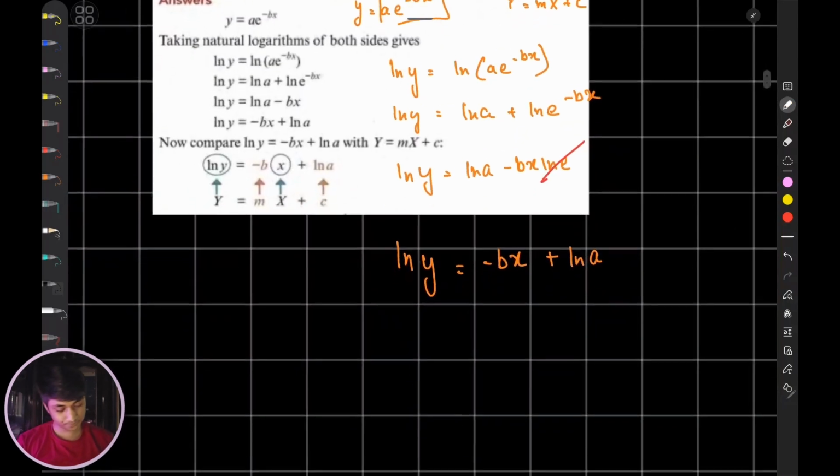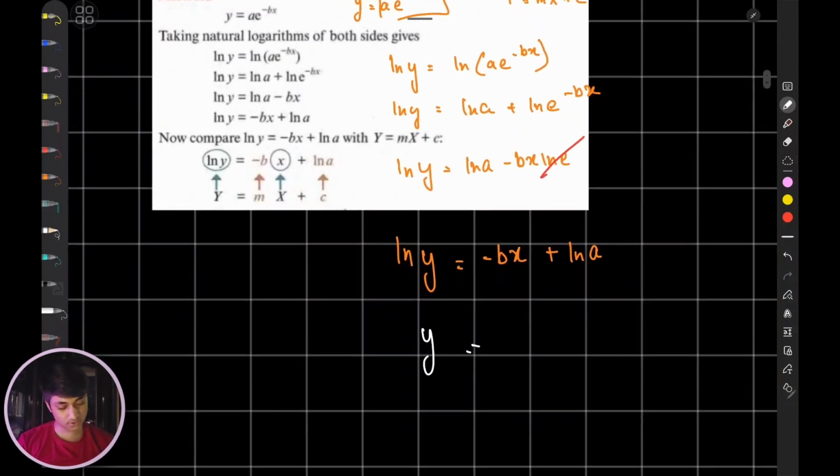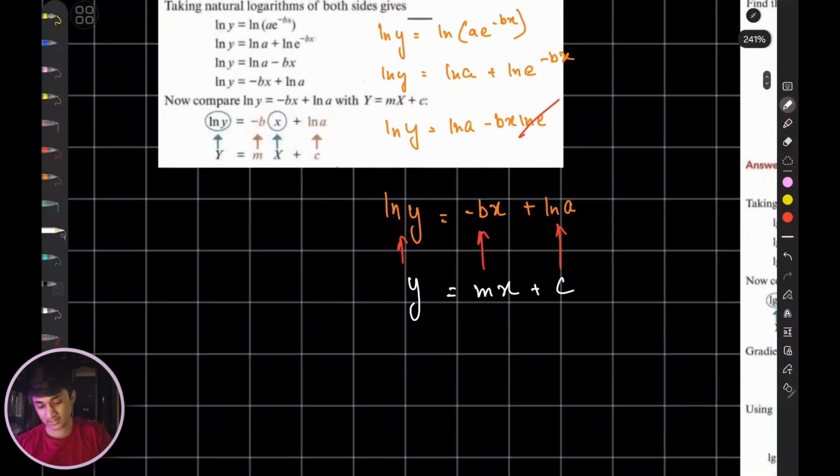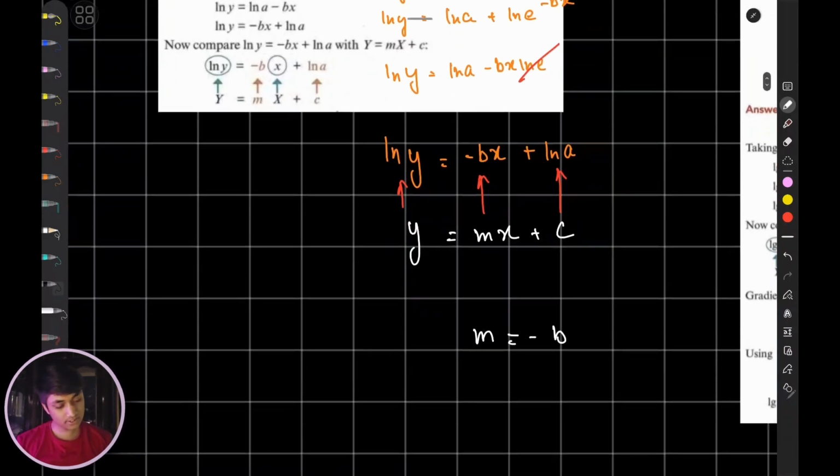You should, because y equals mx plus c relates to ln y, minus b, and ln a. So you can directly say my gradient is going to be minus b and my y-intercept, or the c value, is going to be ln a.